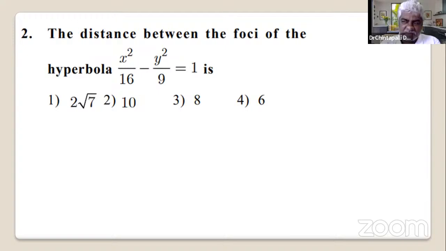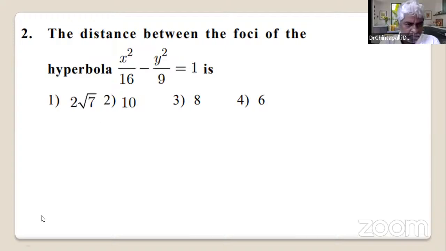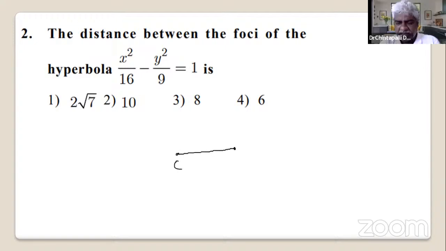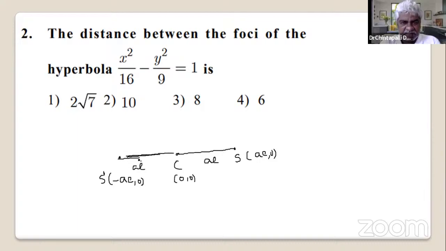The center C is at 0, 0, so the foci are S at AE, 0 and S dash at minus AE, 0. The sum of the two distances is 2AE.